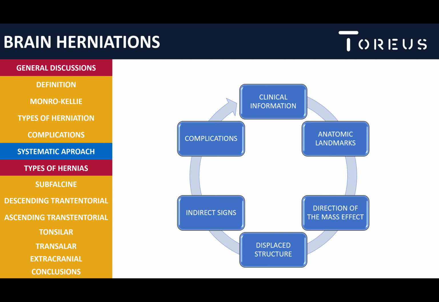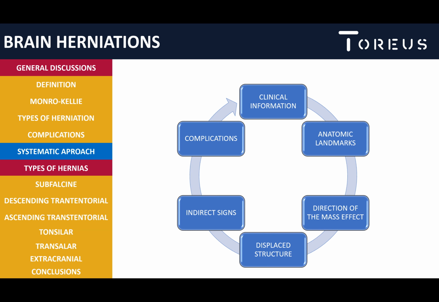We have to know all of the clinical features of these patients, the history of this patient. We have to know the anatomic landmarks, and we're going to discuss that in each subtype of herniation. And we have to know the direction of the mass effect, where these structures are going to, and which structures they are displacing.